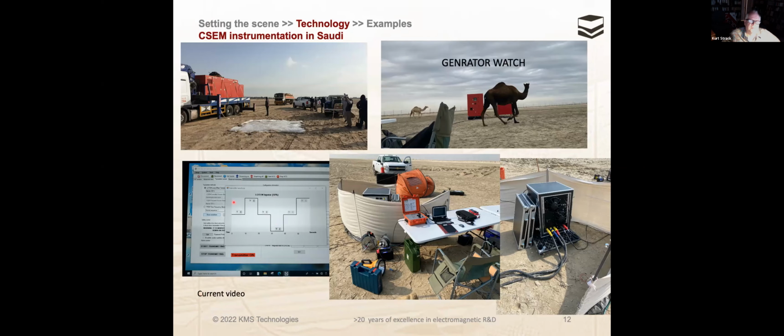This is the system in Saudi Arabia. This is a 180 kilowatt generator. The second box is a fuel tank for the generator. And these are the generator watchers. They couldn't avoid some heavy duty cable getting lugs. This is the transmitter waveform you can select, and you can shape the transmitter waveform whichever way you want.